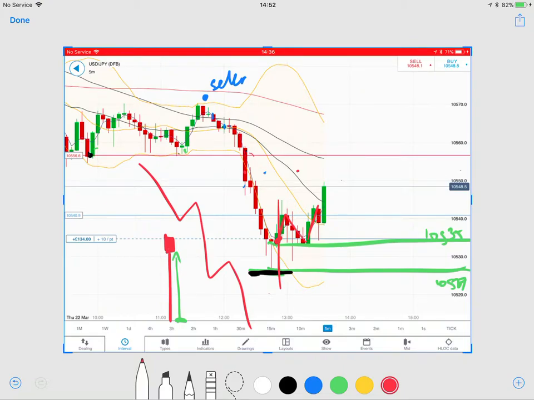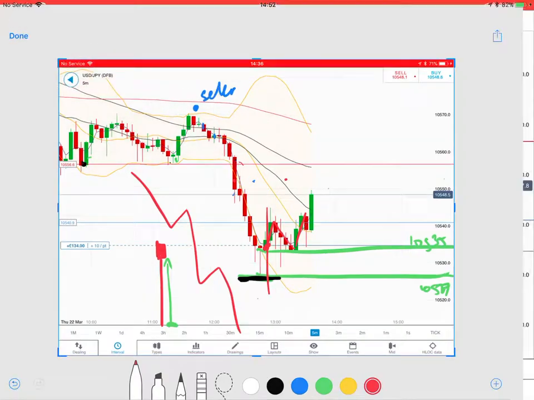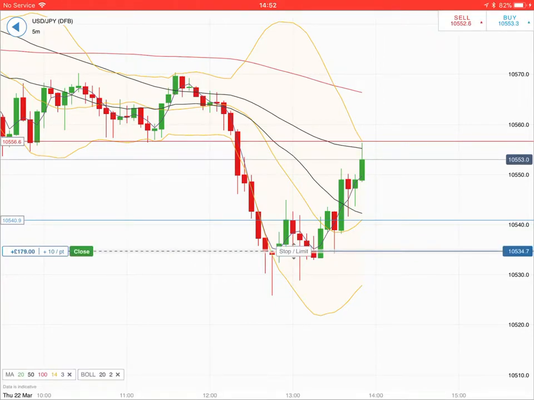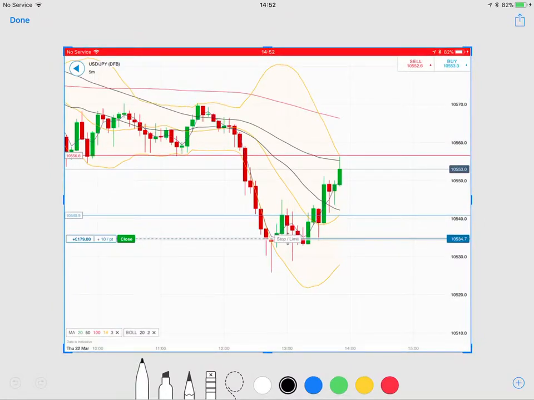So let's have a look at the live charts to see where this trade's at now. Okay, so we are £187 in profit. Now, I can see that we're getting sellers, just like I explained earlier, people thinking that this is now a sell into here.